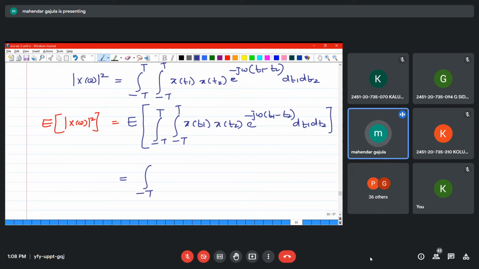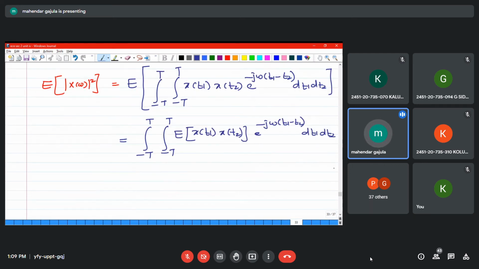So let us apply expectation on those two: expectation of xt1 xt2 and e power minus j omega t1 minus t2 dt1 dt2.